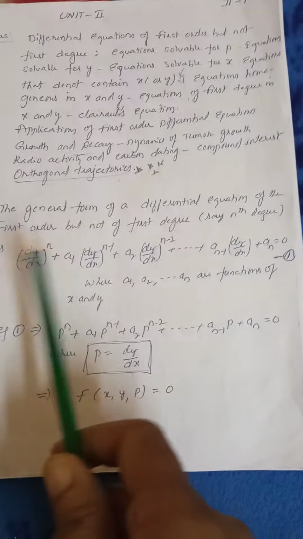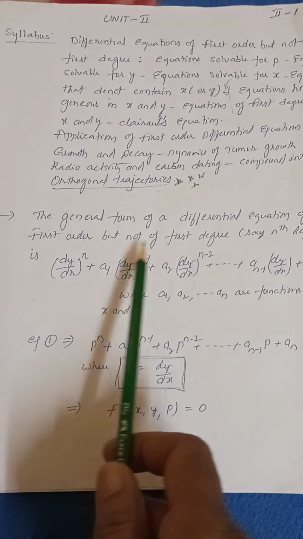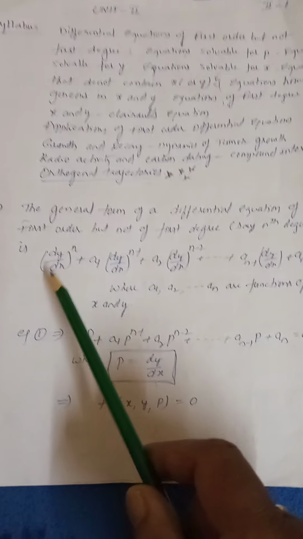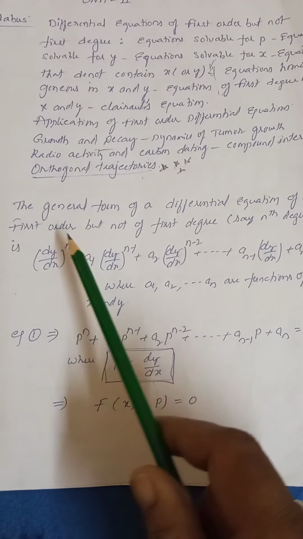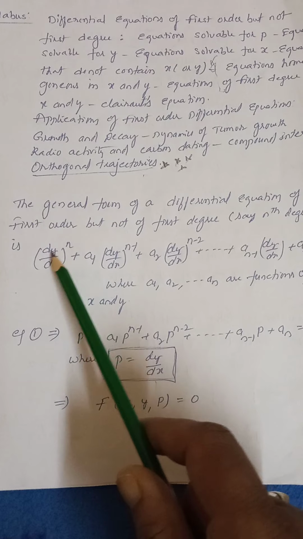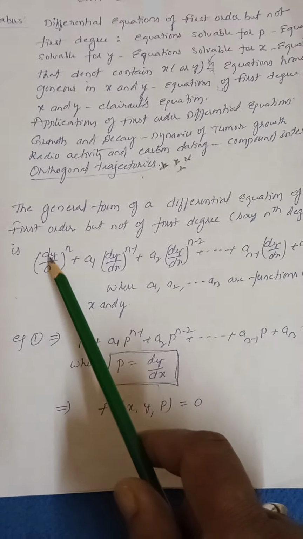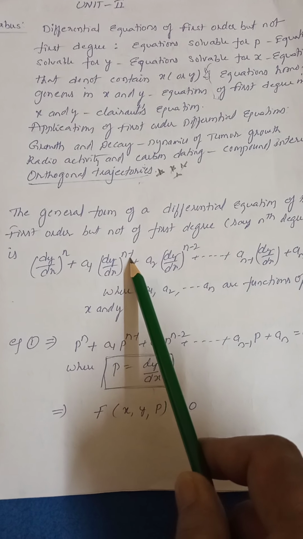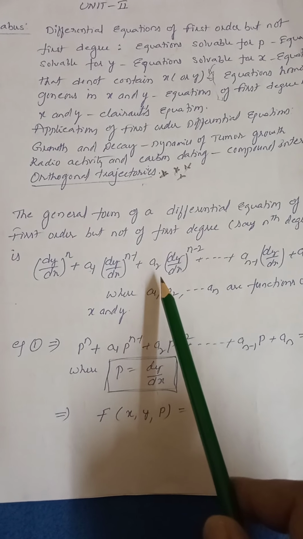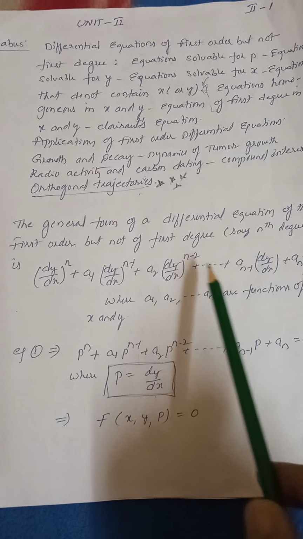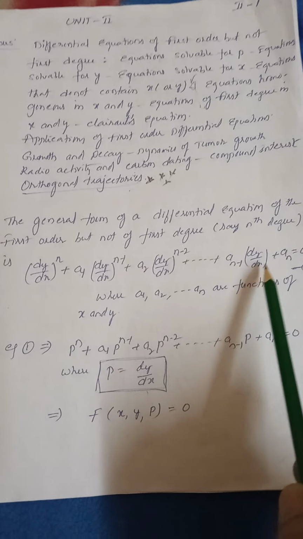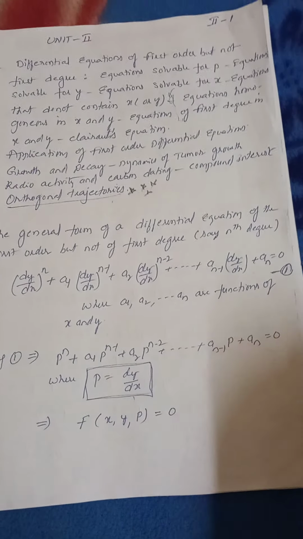See here, the general form of a differential equation of first order but not of first degree, say nth degree, is (dy by dx) whole power n, plus a1 into (dy by dx) whole power n minus 1, plus a2 into (dy by dx) whole power n minus 2, plus so on, plus an minus 1 into dy by dx, plus an is equal to 0.